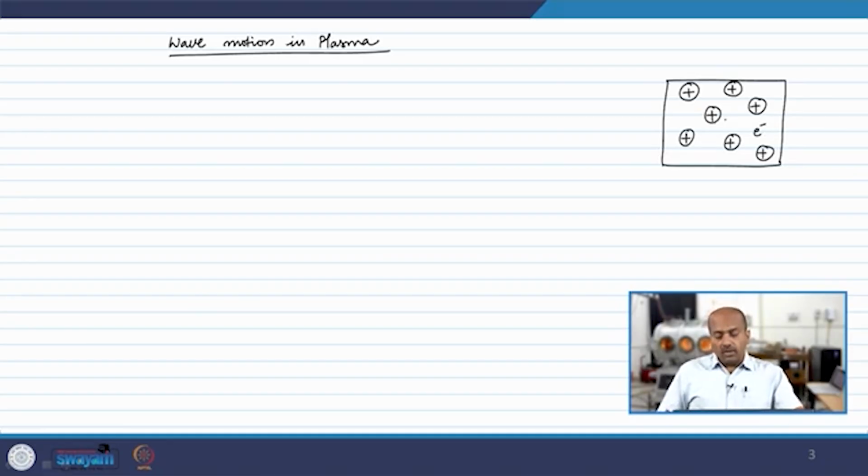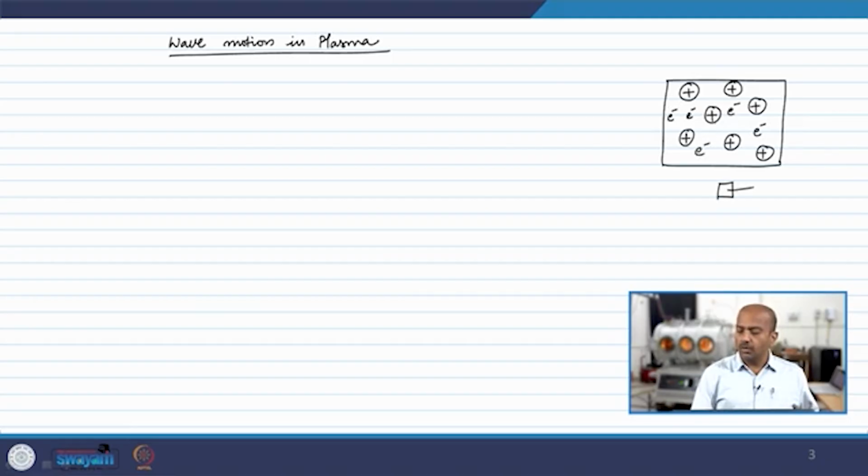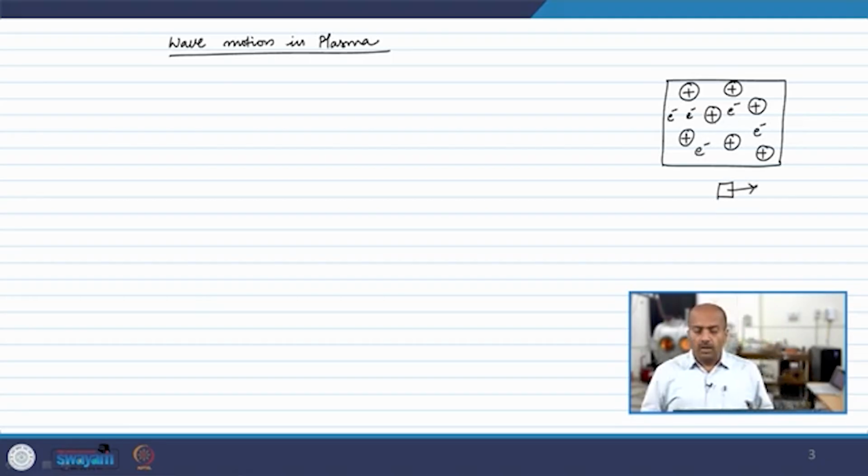Now, we are trying to establish the nature of waves, how something will oscillate, how it will create a disturbance. If you consider these electrons to be moving, and by applying an external force or influence you are able to displace some of these electrons away from their position, then we know very well that the plasma has a tendency to keep itself neutral. It will shield the electric fields applied from the outside.